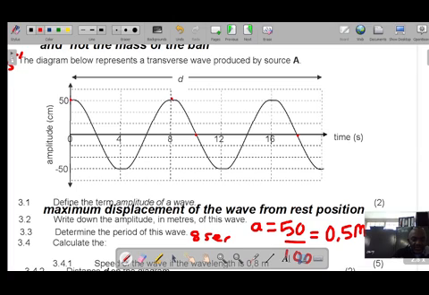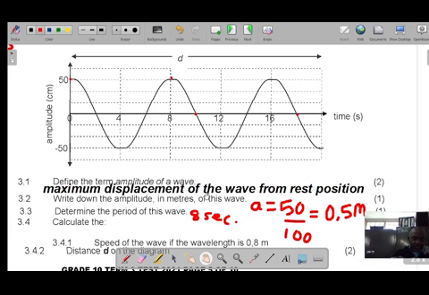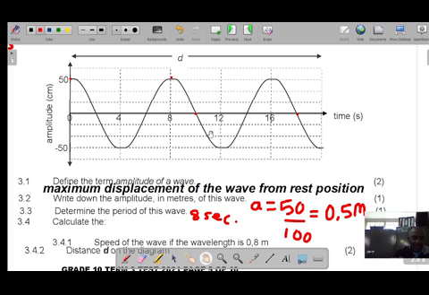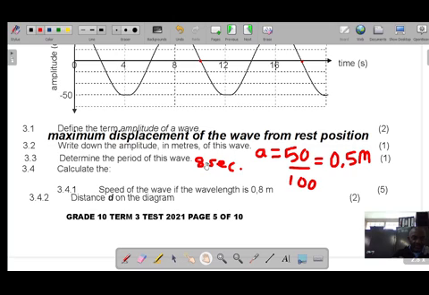Okay, next question says calculate the speed of the wave if the wavelength is 0.8 meters. Now they have given us the wavelength. They want the speed v. So how do you find the speed v?